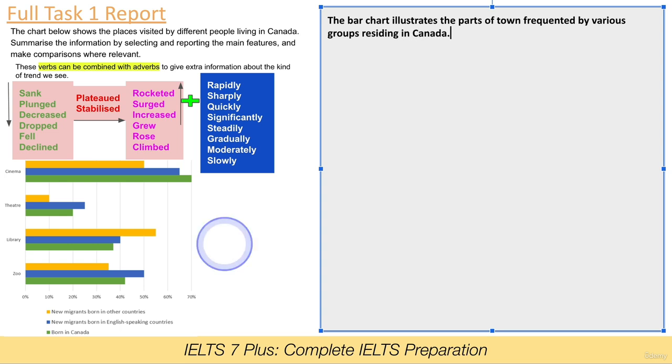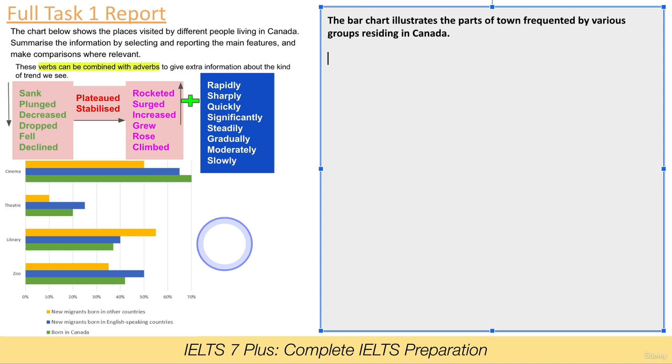It's hard to paraphrase Canada, and we don't want to lose the meaning. So it's very important to paraphrase as much as you can, but we want to stay accurate as well. Okay, so the bar chart illustrates the parts of town frequented by various groups residing in Canada. I think that's good. We've paraphrased as much as we can there.